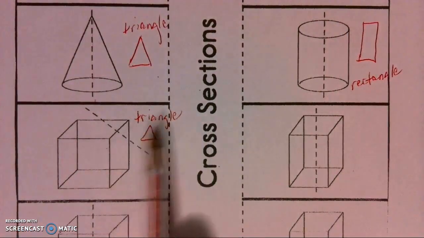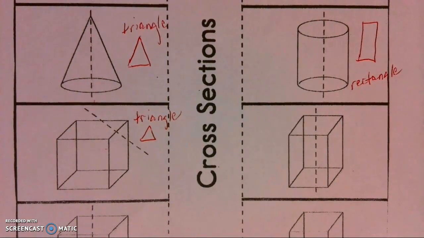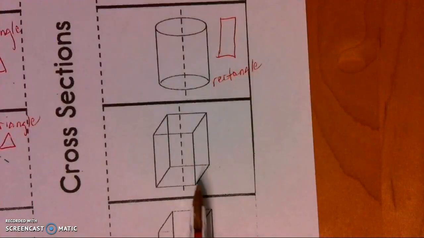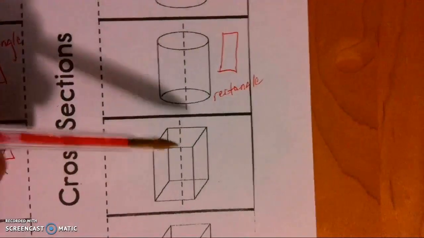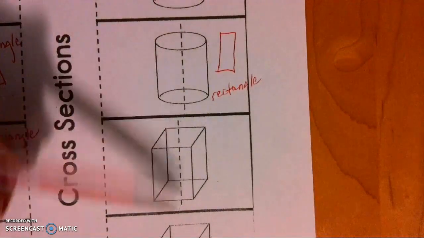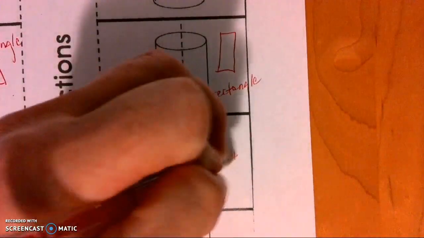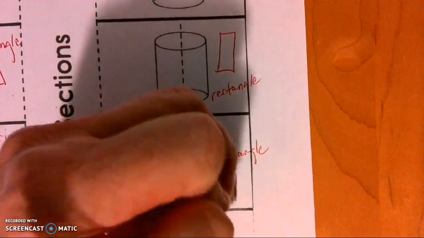Now I could also slice it to get a rectangle, a pentagon, and a hexagon, but I cannot get anything larger than a hexagon. Same way with this, looks like a rectangular prism. This is perpendicular, and so it's going to be that side, and again, that side is a rectangle. And the shape of my cross section will be a rectangle.